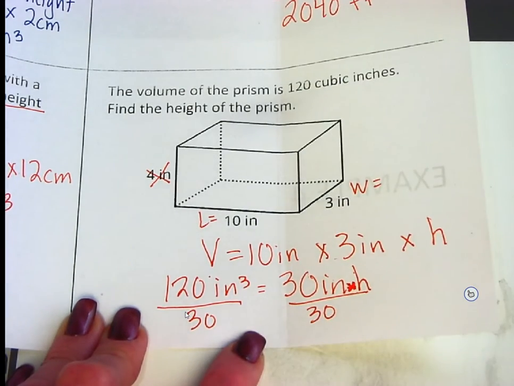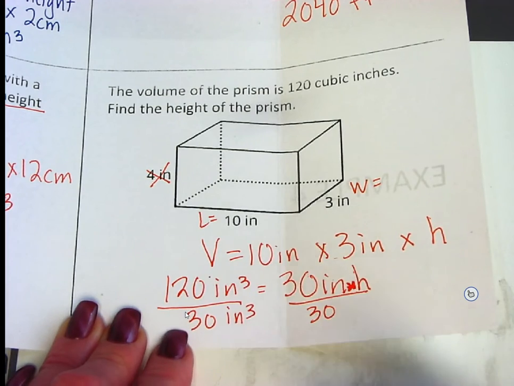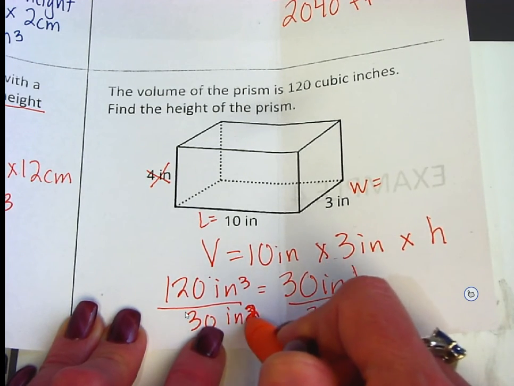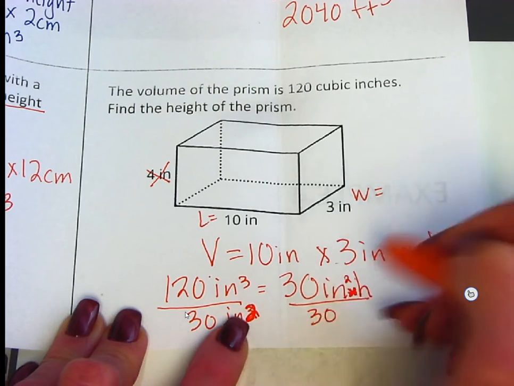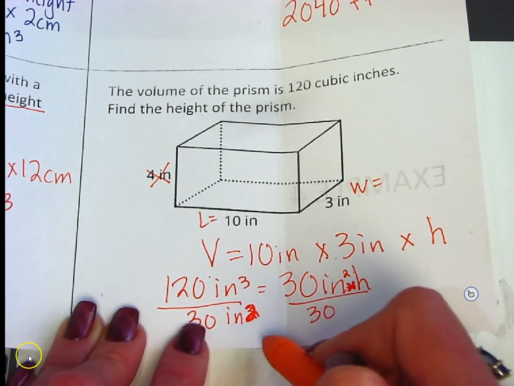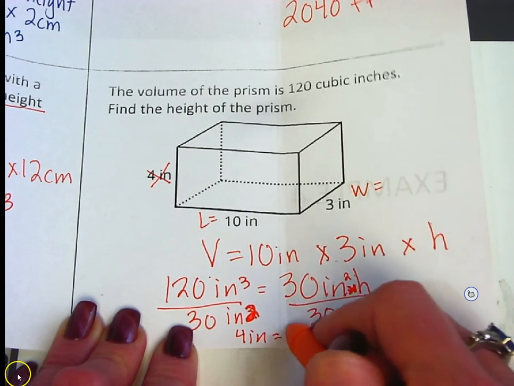We also divide the other side by 30 because we're solving an equation. And then you get 30 goes into 120. Actually, this would be squared, right? Because it's just the 2 dimensions. And then that gives us 4 inches is equal to the height.